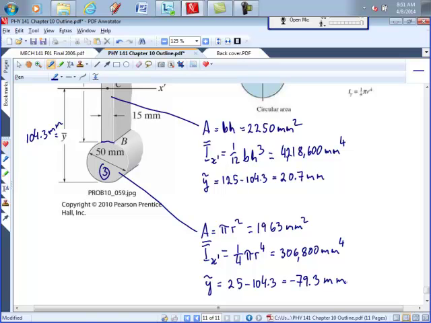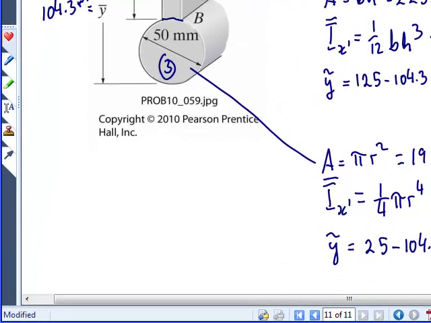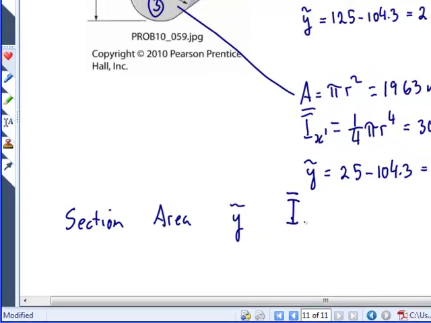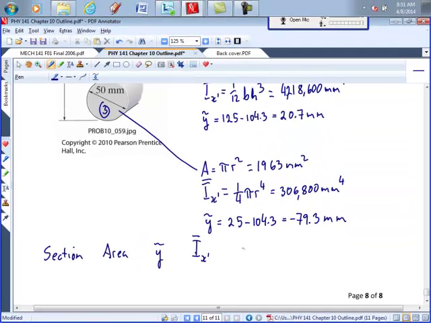So with that data for each of the 3 areas, now we can complete the table. So we're going to have section, area, y tilde, I bar x prime, and then I x prime. I should probably spread those out a little bit more.